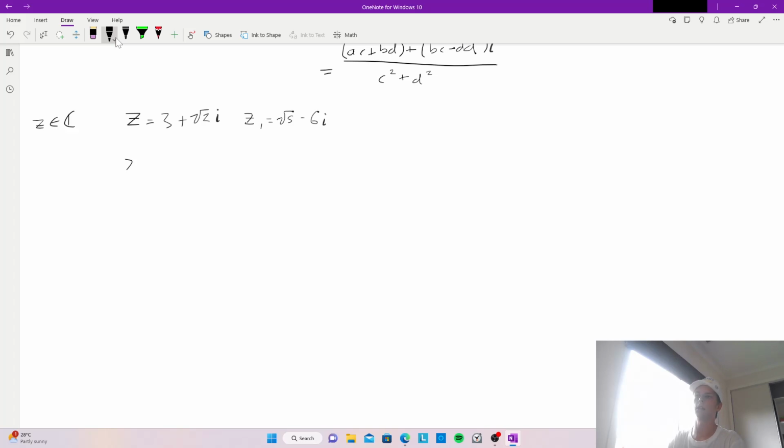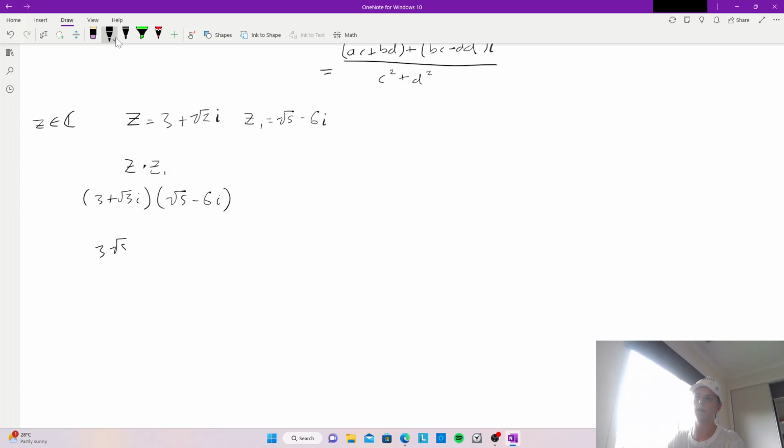So we can multiply these together. We'll have z times z1, which is just expanded normally. So insert the values you have here. Square root 5 minus 6i. I'm going to stop doing the bold because it's slowing me down.